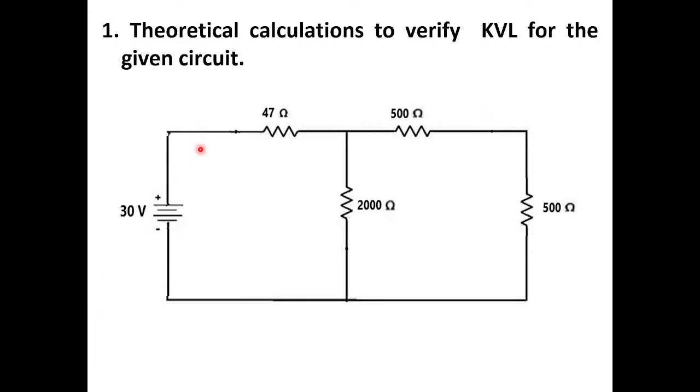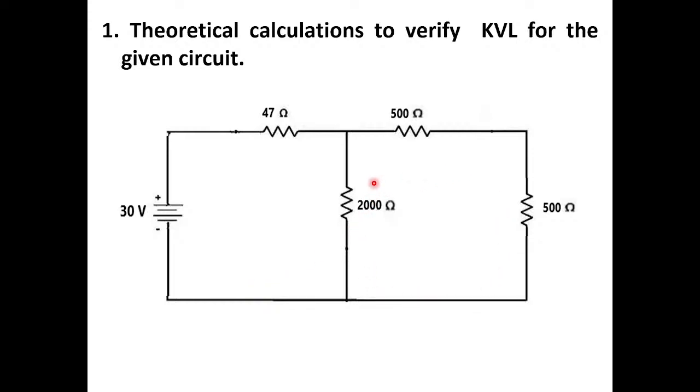If you observe here, this is one closed path. This is one closed loop. You call this closed loop a mesh. And this is another closed loop, so you call this also a mesh. So how many meshes are there? This is one closed loop, you call it mesh 1.